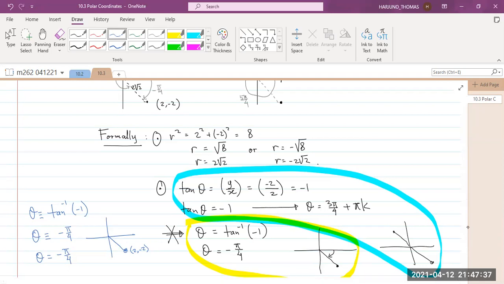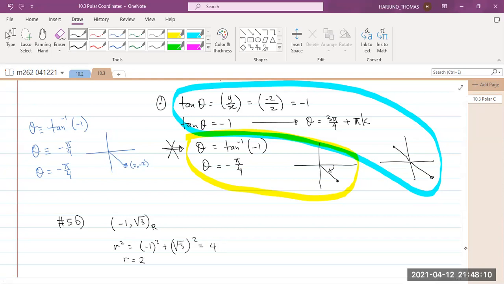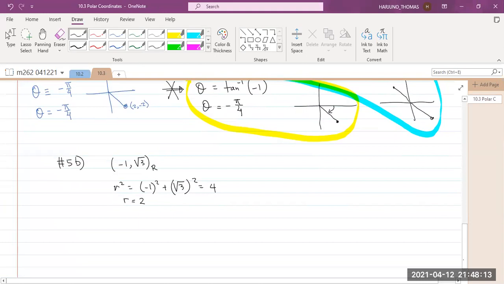Now, imagine if I change the question instead, and the coordinate is negative 1, radical 3. Let's say part B, number 5B, last question before I go. That's in rectangular. The radius, you tend to say r equals 2, if you want the r to be positive.